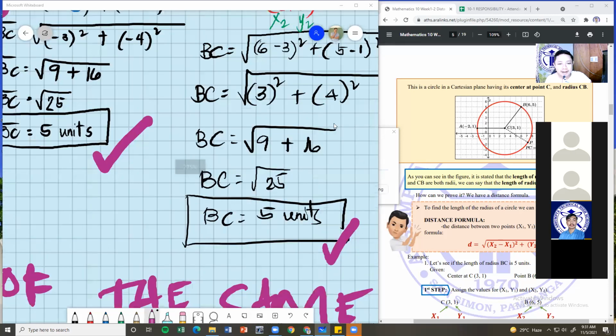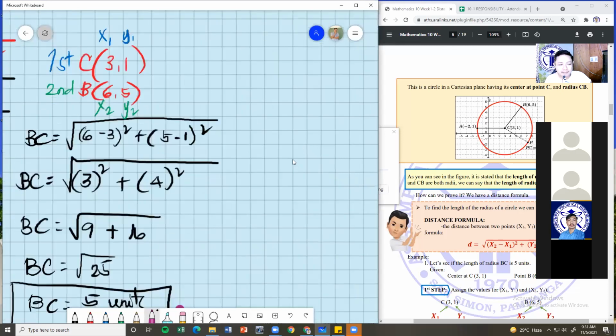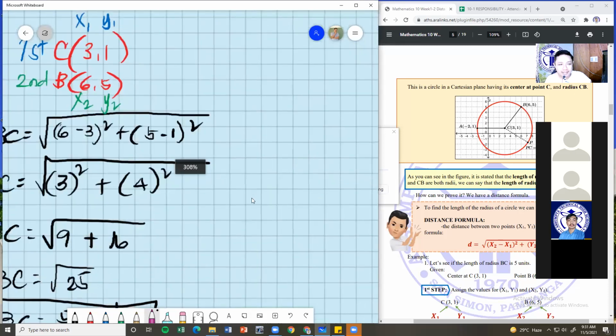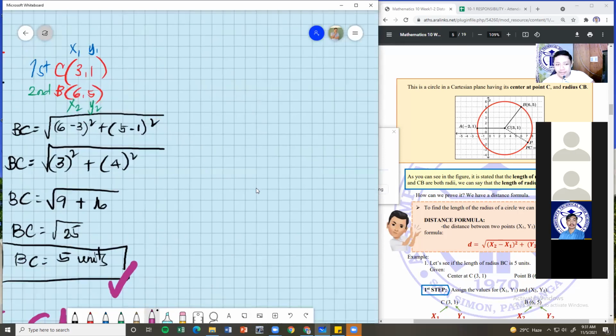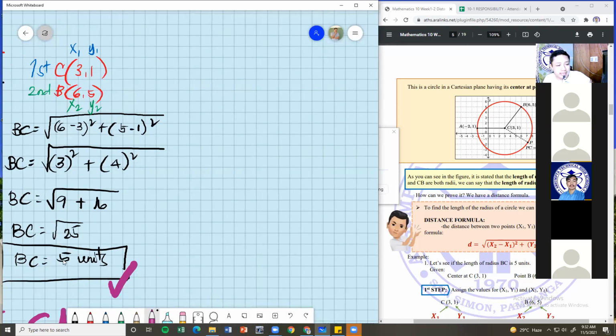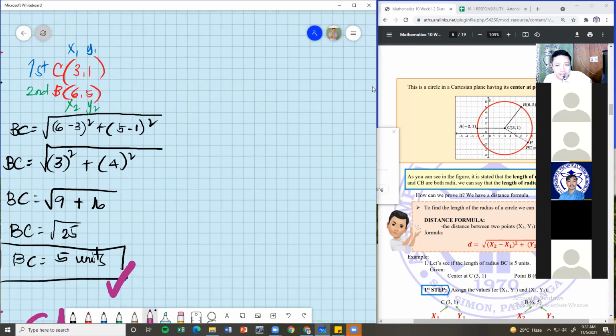Pang M-top level ito. However, you still need to remember the process, the formula. Yung formula natin, dapat tinatandaan pa rin because that's the process that we will be doing. Kumbaga, yung way of solving lang, yung mas bibilisin ng konti. Ganito lang siya kasimple.